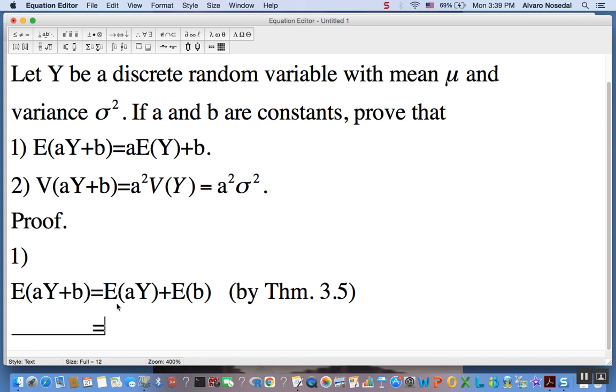Now, the expected value of a times y, given that a is a constant, we know that we can factor out that a, that constant. This is the same as a times expected value of y. Okay?